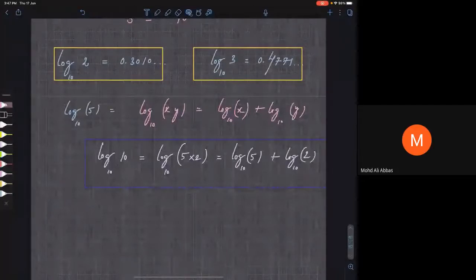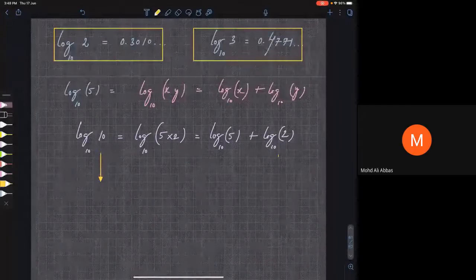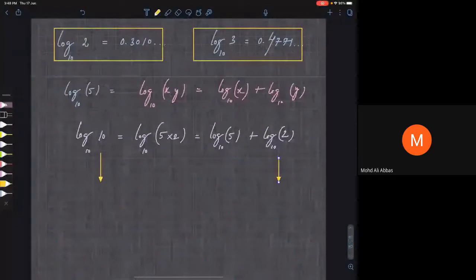Clear? Okay. But what is log 10? Tell me. What is log 10 to the base 10? It is 1. Very good.